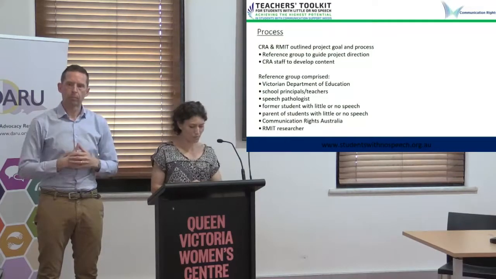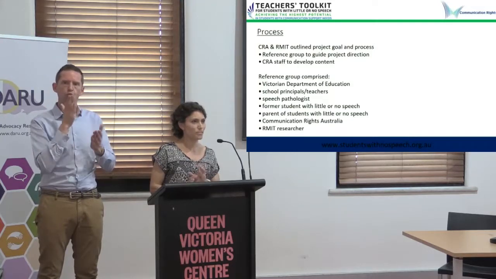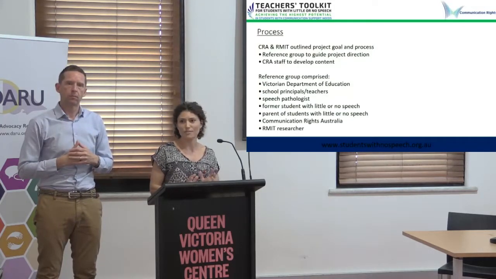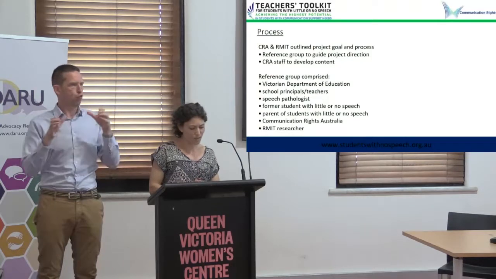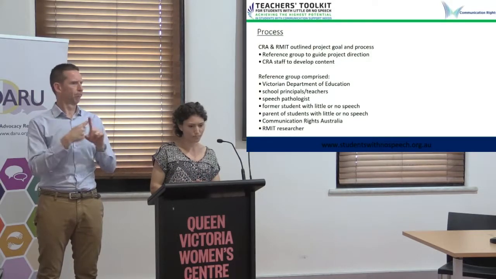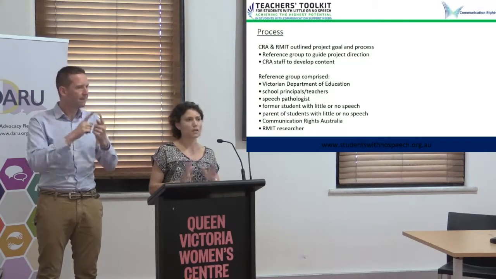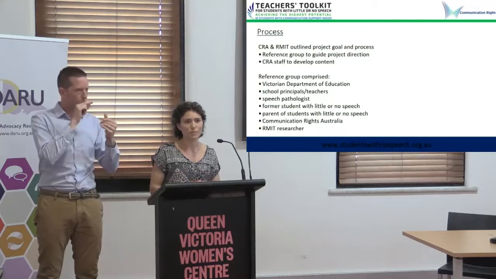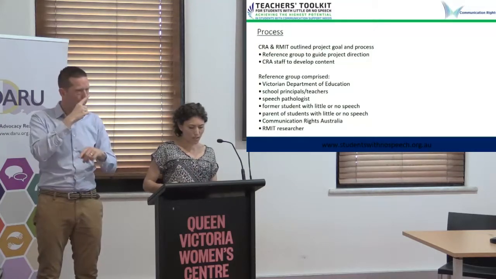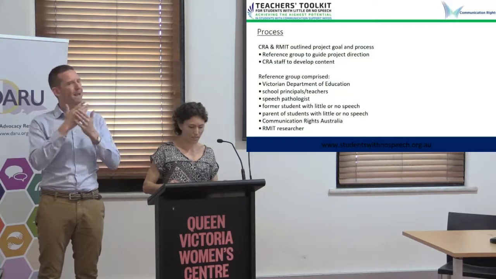I won't read them all out, but it was a really great collaborative group. We found it a really productive series of meetings, a lot of great guidance. We were able to connect with a lot of different people, and lots of shared perspectives, obviously.